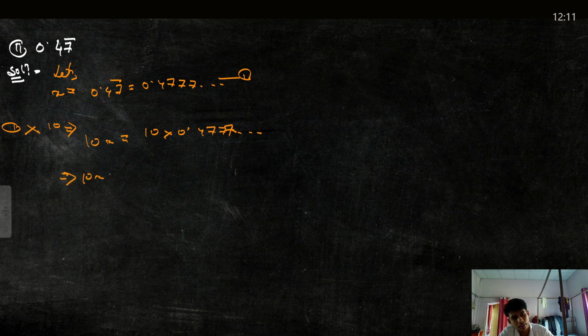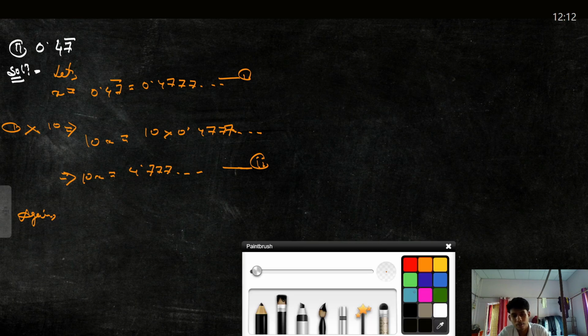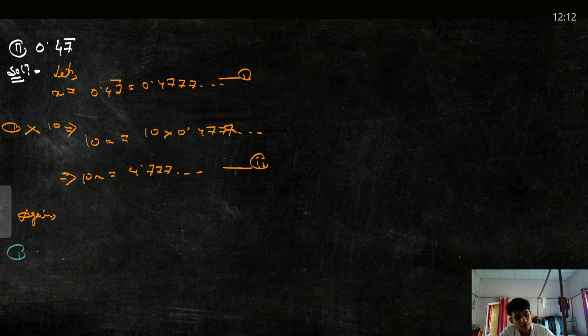That implies 10x is equal to 4.777. Let it be equation 2. Now again we will multiply equation 1 with 100. This will become 100x is equal to 47.777, and let it be equation 3.